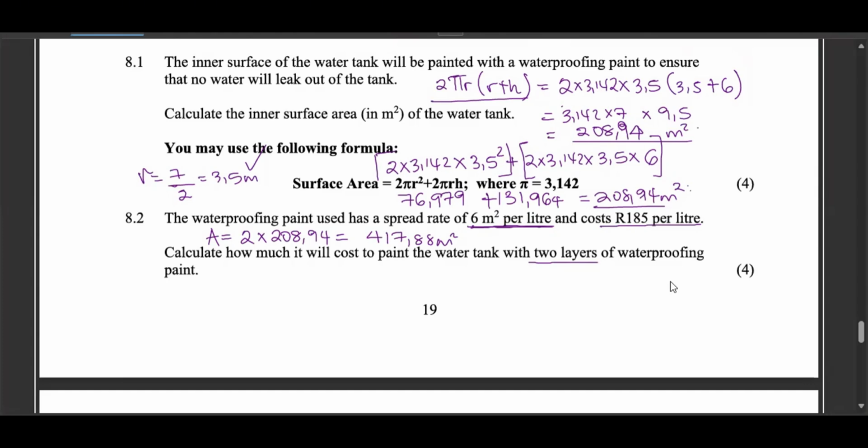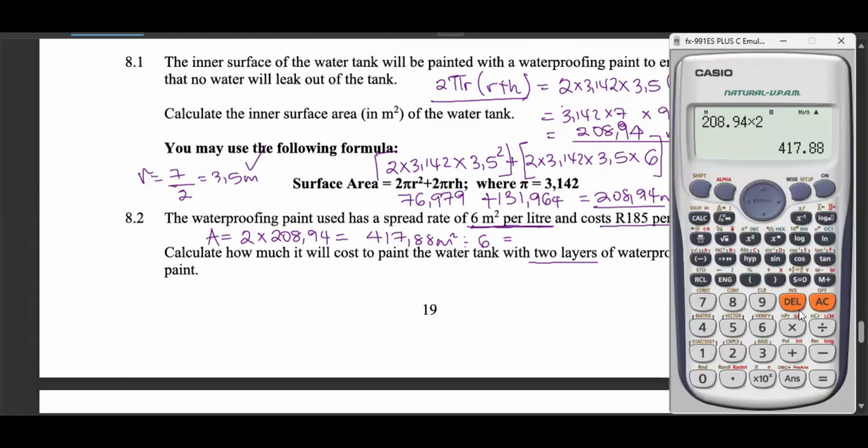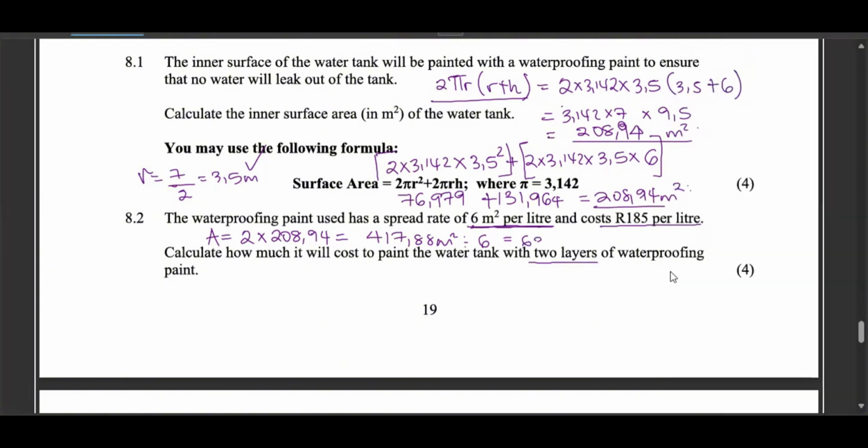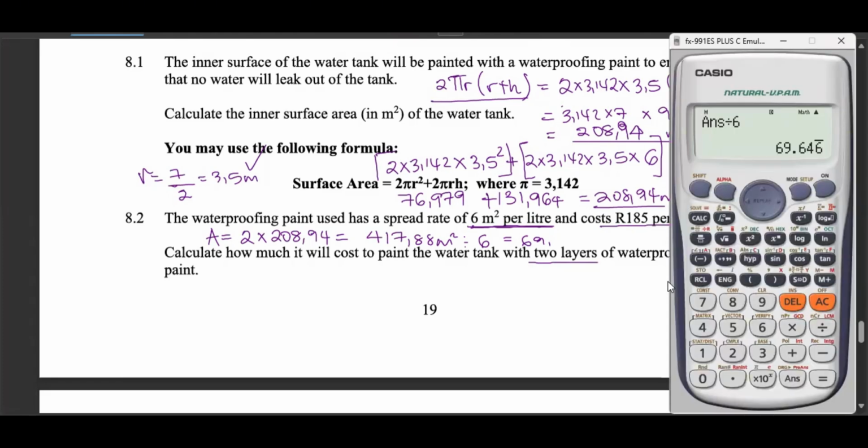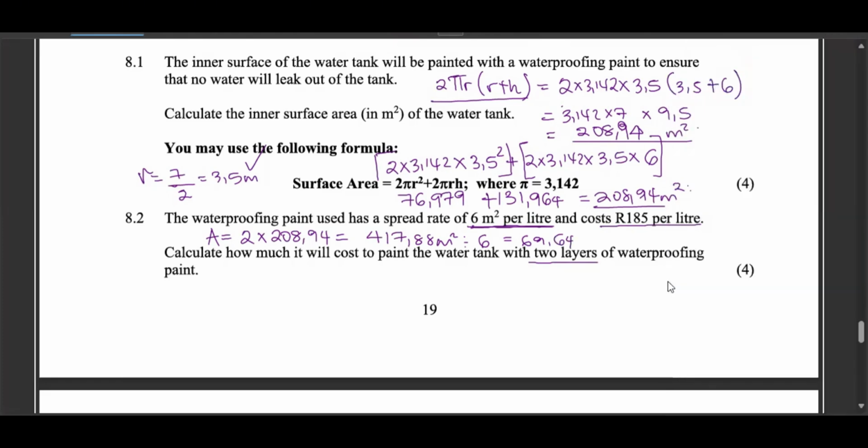But they have told you for only 1 liter, you get 6 meters squared. So we find out how much paint we need. We divide by 6. The answer here became 69,646 recurring. Remember, they're not selling half a liter, they are selling in liters. So we shall buy 70 liters.